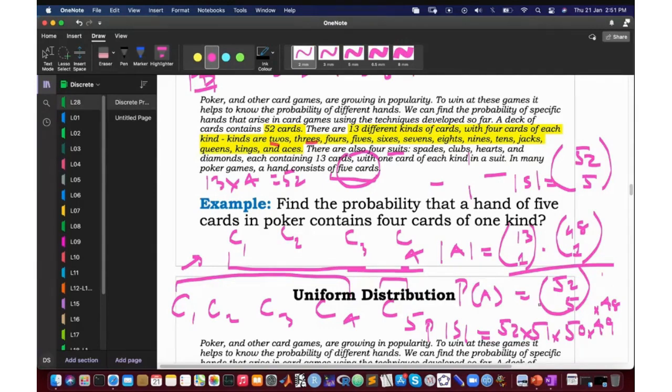Okay, just give me a second. You pick a suit, pick 4 cards from there, and you're done. And then from the remaining, you pick 1 card. Okay. Okay, I think we are okay. ठीक है.